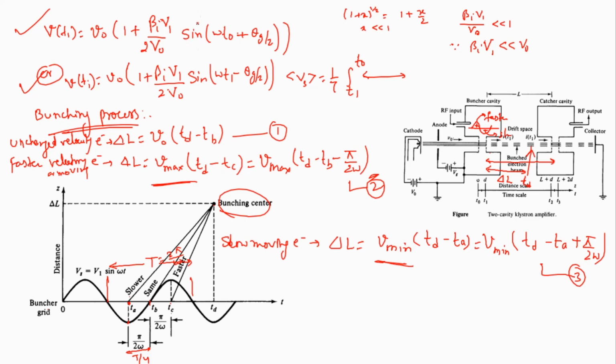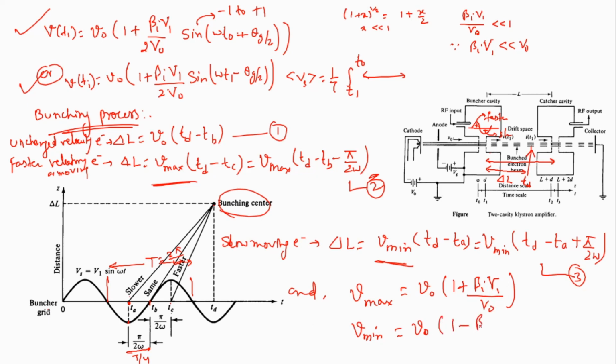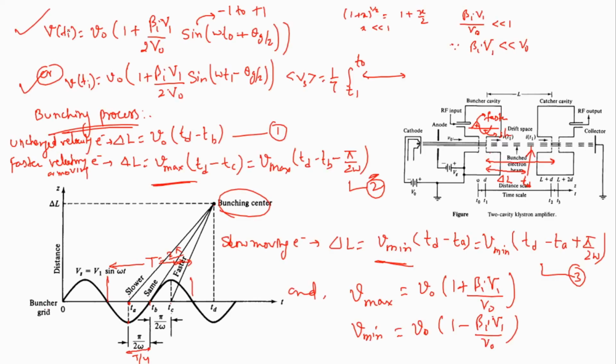So it ranges from minus 1 to plus 1, and the maximum velocity V max will be V0 into 1 plus beta I V1 divided by V0, and the minimum velocity will be V0 into 1 minus beta I V1 divided by V0. So I will substitute this V max and V min into the above equation number 2 and equation number 3.